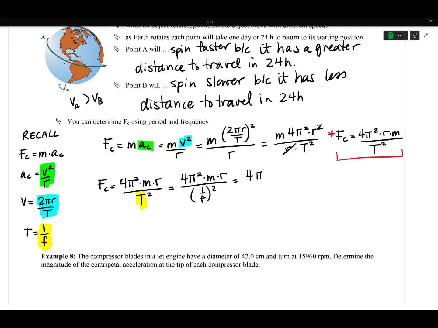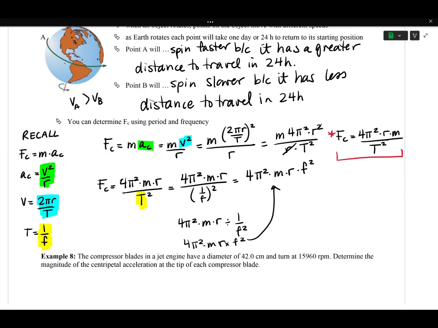If I bring the square across the bracket, and then if I divide by a fraction, I'm actually multiplying by the reciprocal. So this is now going to become 4 pi squared times m times r times f squared. So again, if you have to think about this one, it becomes 4 pi squared times m times r divided by 1 over f squared.